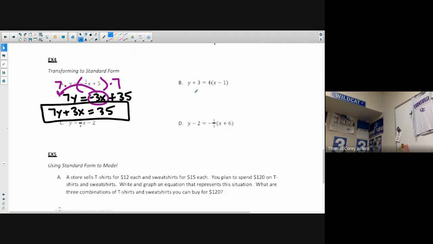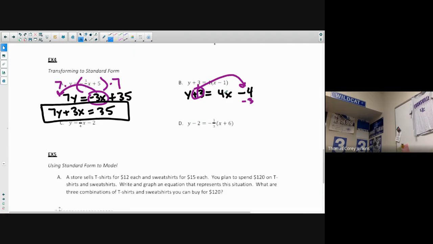You're going to first distribute on the right side. So that gives me y plus 3 equals 4 times x, and then 4 times -1 is -4. Give my board just a second to get caught up there. I'm going to do kind of a double move just to save some space. I'm going to move the constant over there, so I'll do -3 to both sides to make that happen.